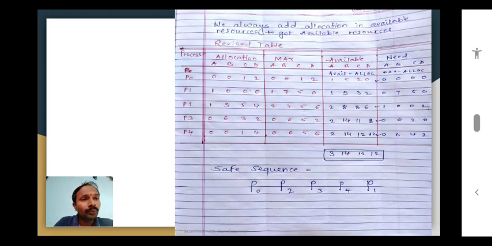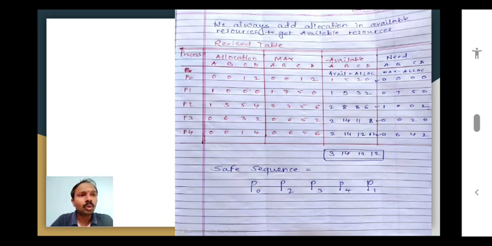So with 1520, 0000 can be easily considered because 0000 is less than or equal to 1, 5, 2 and 0. So I will say that while finding out the safe sequence, P0 will come as the first process, right? So that is what I have written at the bottom. You can easily observe that at the bottom in the answer I have written P0 first, right?